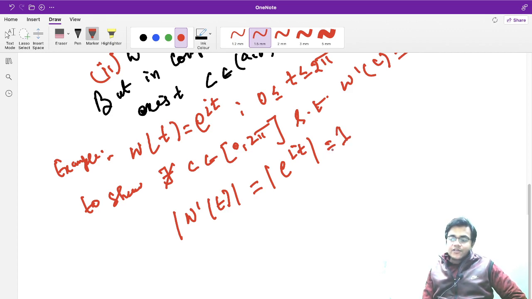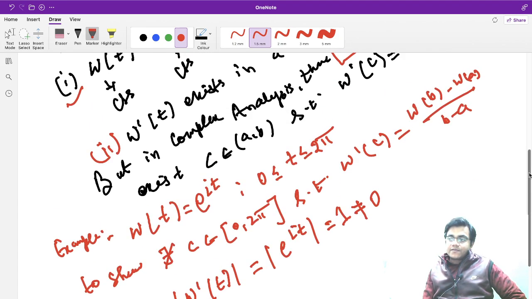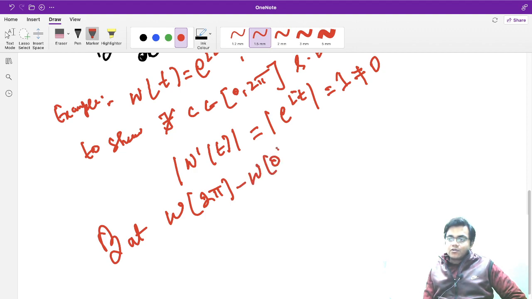Okay, mod of e to the power iota t is what? Certainly it's 1. It's not 0. But if you find W of pi minus W of 0 upon 2 pi minus 0, what are you going to get?